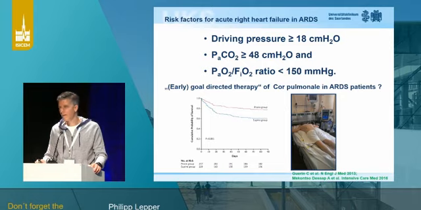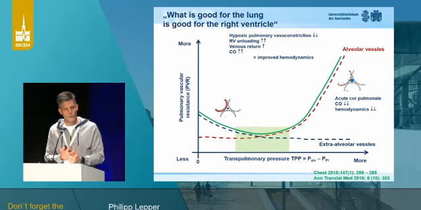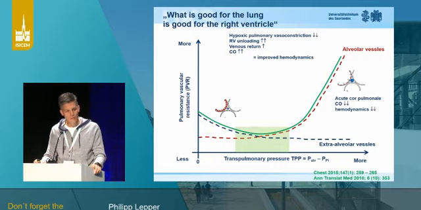In fact, one of the easiest measures to unload the right ventricle is probably prone position, despite the fact that, as Antonio Pezzenti already said, it's not entirely clear how prone positioning works. So what is good for the right ventricle is good for the lung, but I assume it's also the other way around. What is good for the lung is also good for the right ventricle.